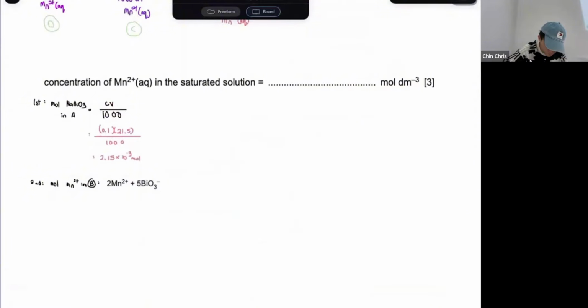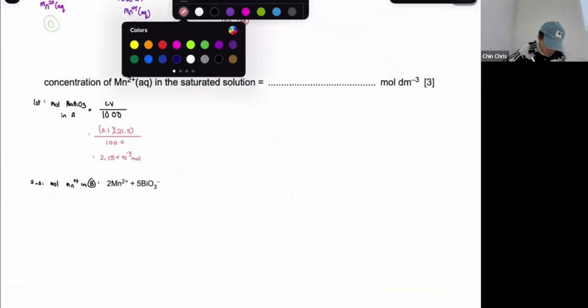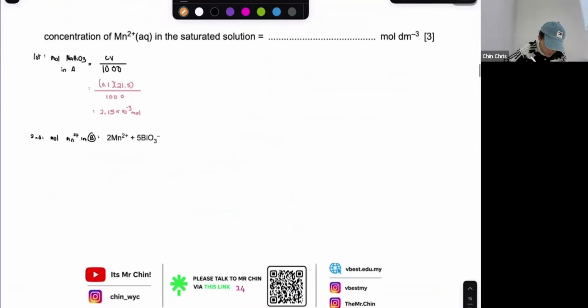The ratio is 2 to 5, correct or not? Am I right? And your BrO3 is 2.15 times 10⁻³ divided by 5 times 2. How much is it?